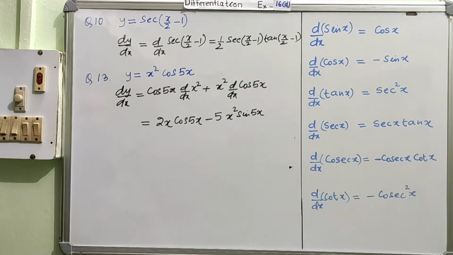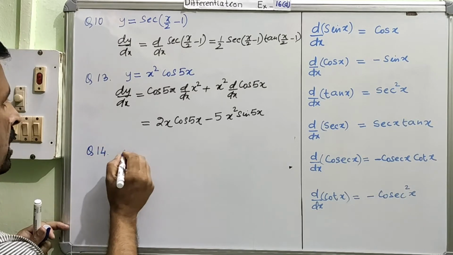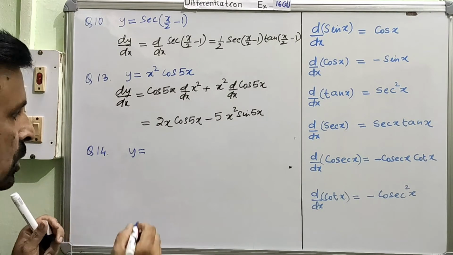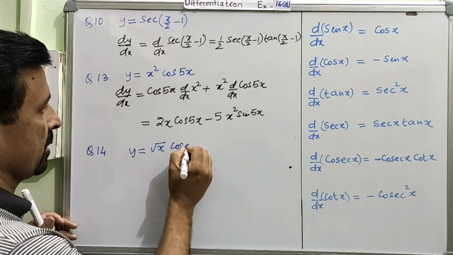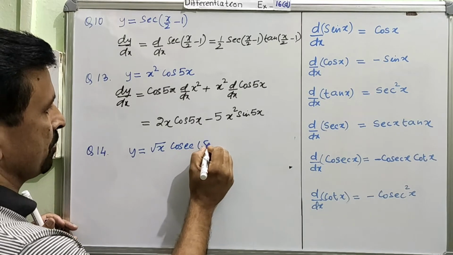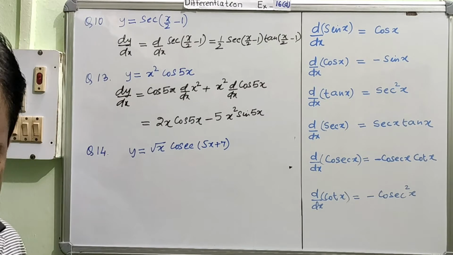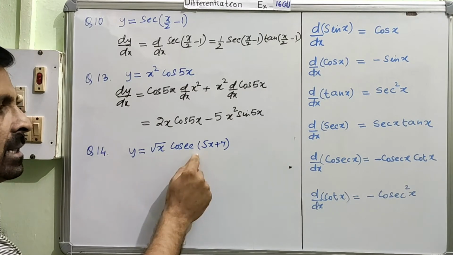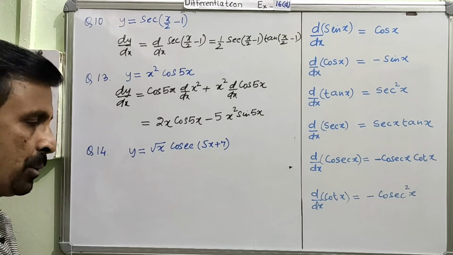Now let us see number 14. Question number 14. The function is y is equal to root x cosec 5x plus 7. Alright, so let us find again here. This is a combination of an algebraic function and a trigonometric function, so it is in the form of a product, and therefore we will apply the product rule.